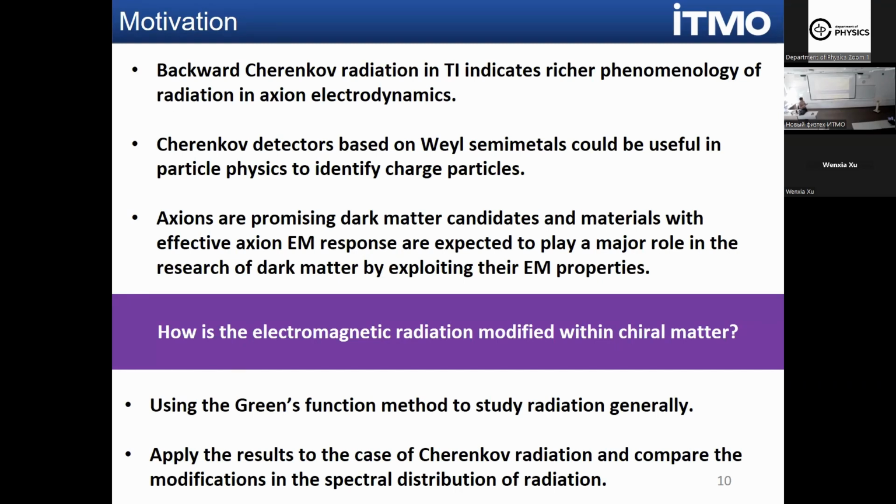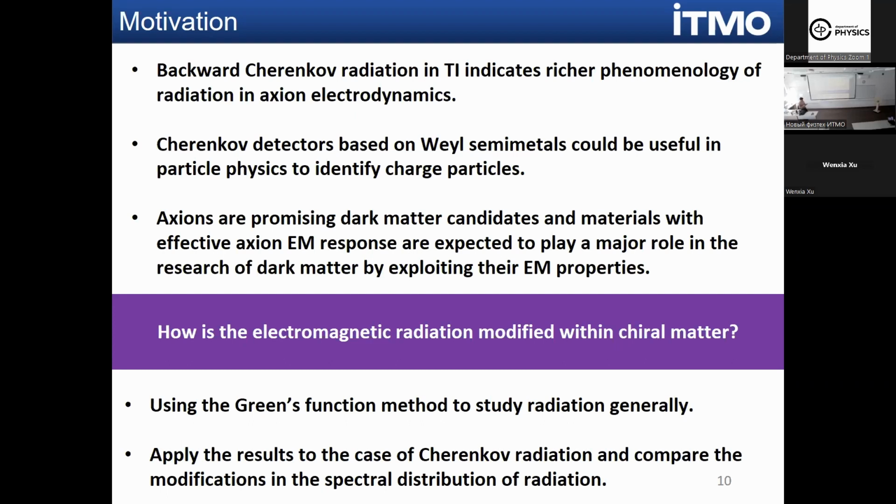And also, since axions are now considered a very promising candidate for dark matter, materials with an effective electromagnetic action response will play a major role in the searches for this dark matter, by exploiting the electromagnetic properties. That's why they are interesting right now.